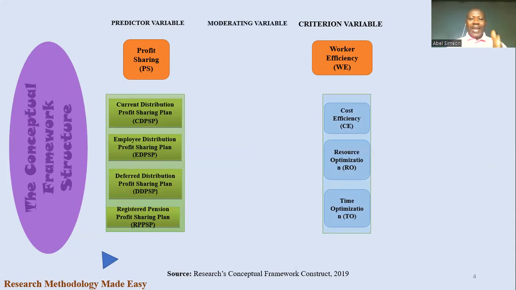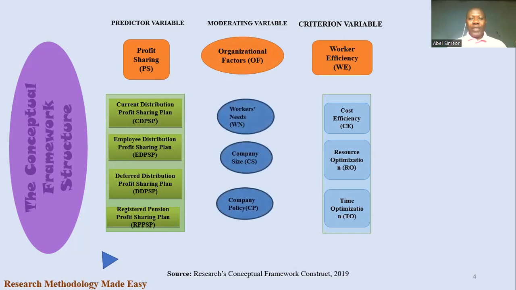Then in the middle, in between, is the moderating variable. As I told you in my previous video, moderating variables are those variables that tend to support the relationship between the independent and dependent variable. That's why I fixed it in between.